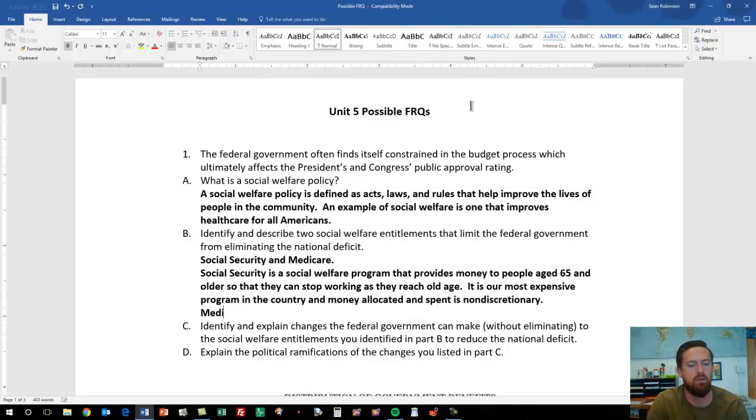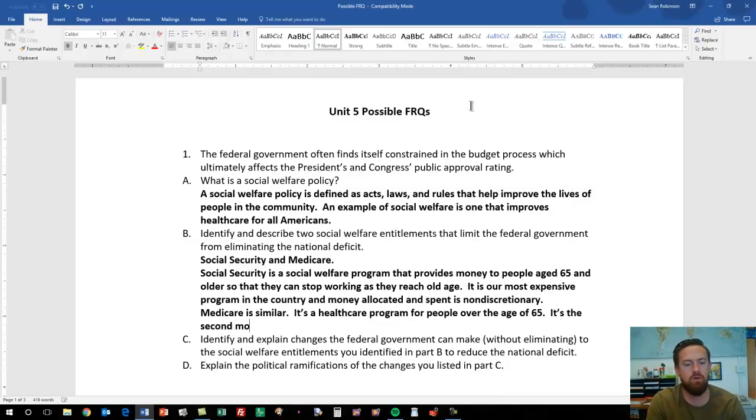Medicare is similar. It's a health care program for people over the age of 65. It's the second most expensive program. Again, spending here is non-discretionary.